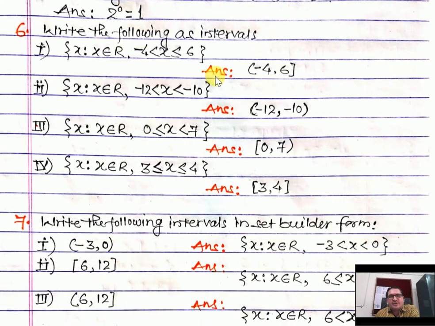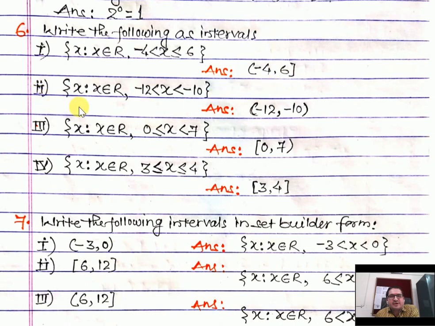Write the following as intervals: {x such that x is an element of R, and x greater than -4 but less than or equal to 6}. You have to write in intervals. The left hand side is written greater than, the equal sign is not written, so the open bracket will come. The right hand side is written less than or equal to, the equal sign is there, so the closed bracket will come.